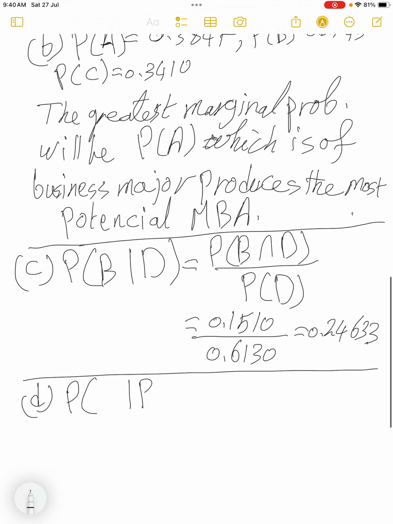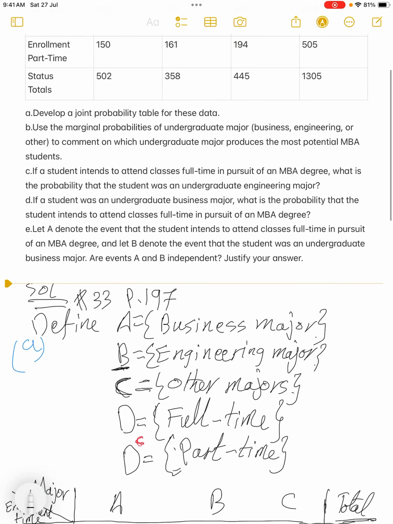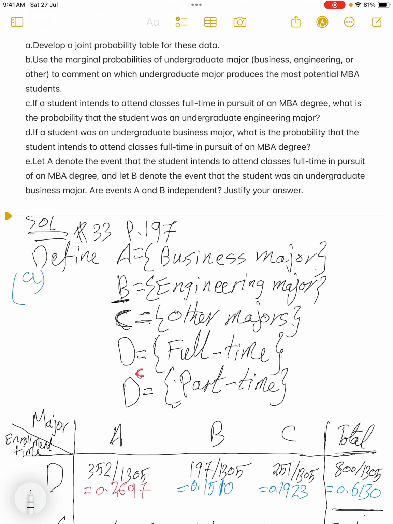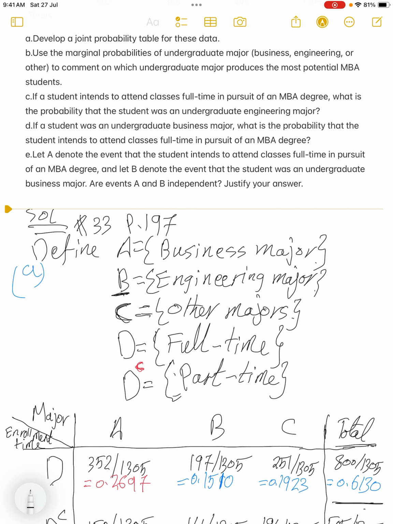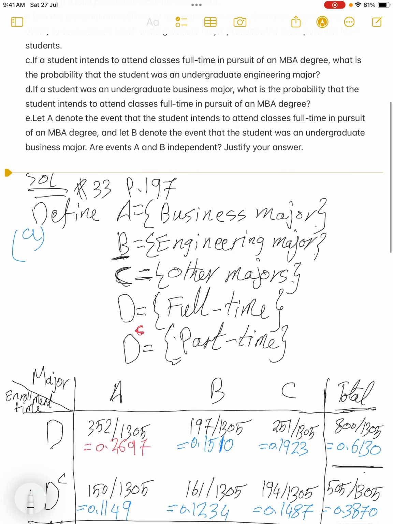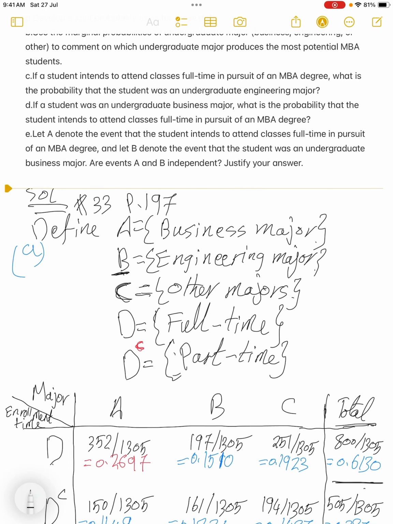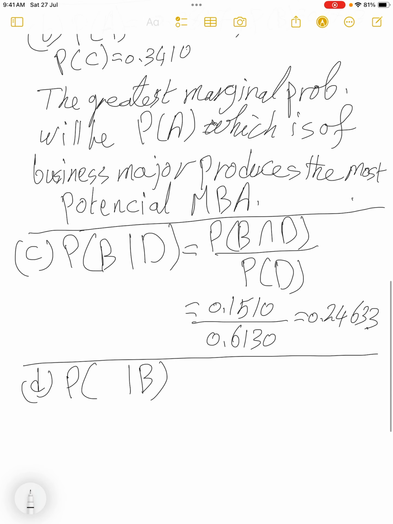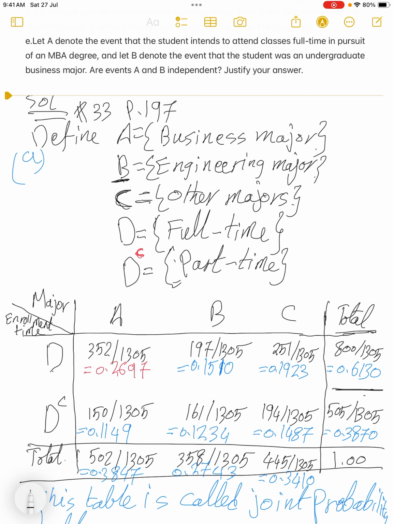Sorry, students, here I didn't see it. Engineering is B, but here in question D, sorry for the disturbance, if a student has undergraduate business, which means A. Given A, I return to the definition that I put, that A is business.